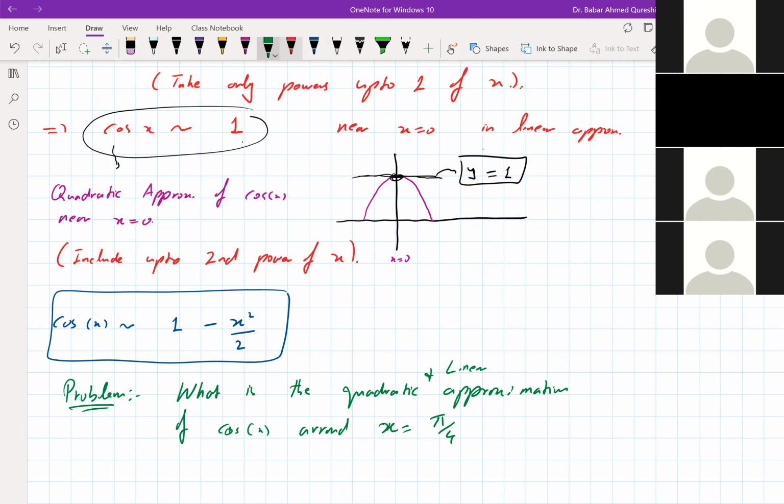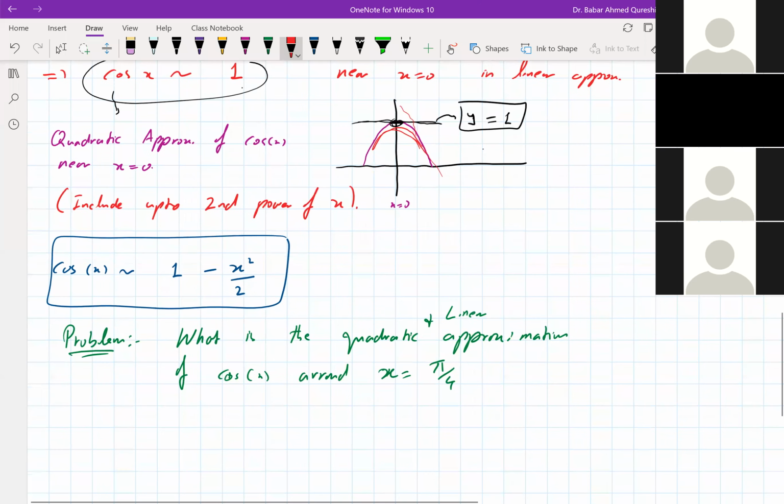So at 45 degree, it's not going to be 1. The linear approximation is going to be some line like that here. And the quadratic approximation is going to capture this part of a parabola, some parabola.